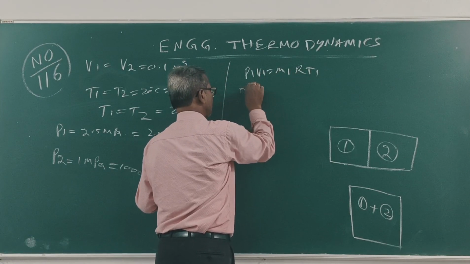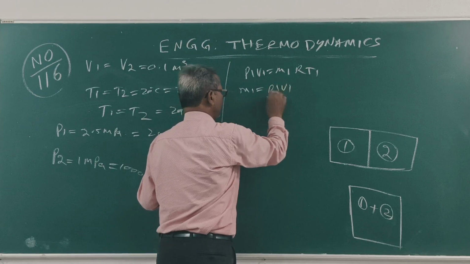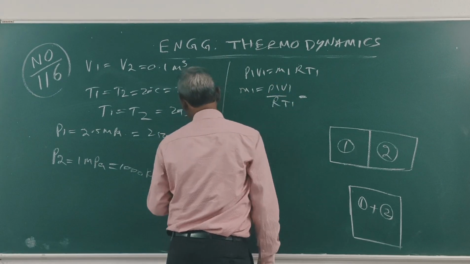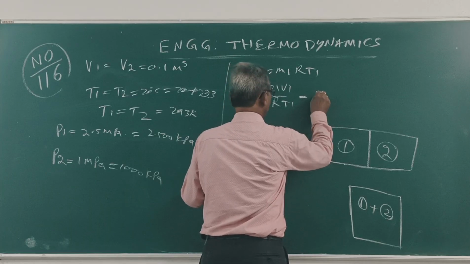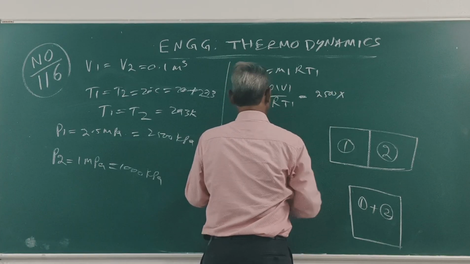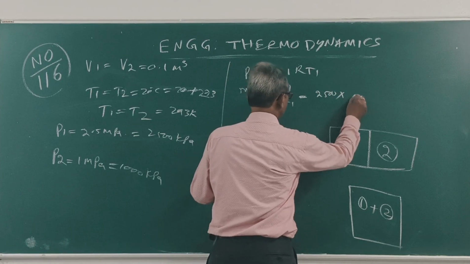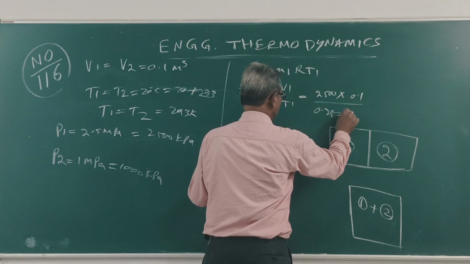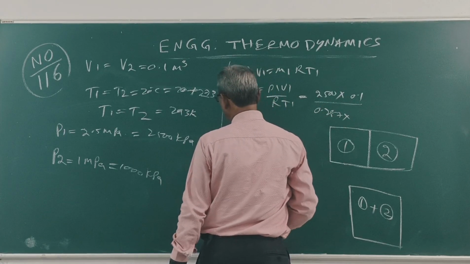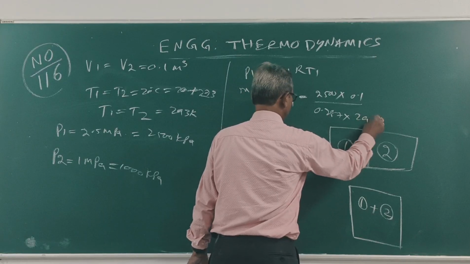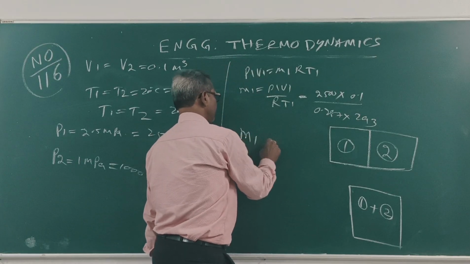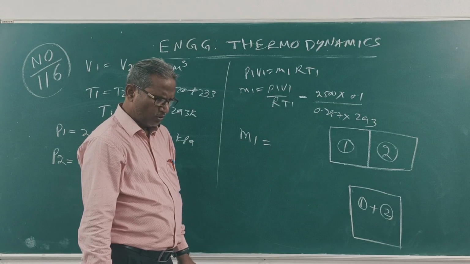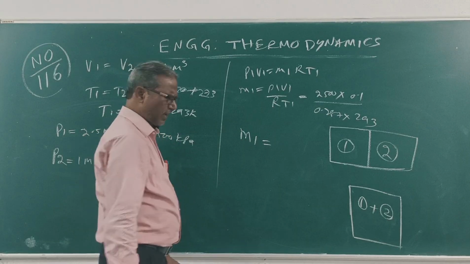So M1 is equal to P1 V1 by R T1, that is 2500 into 0.1 by 0.287 into 293. So M1 is equal to 2.932 kg.